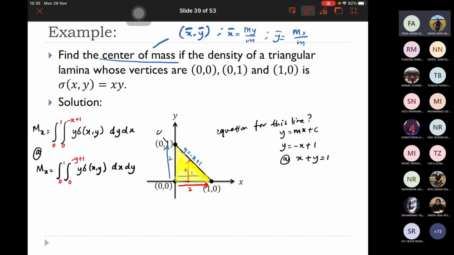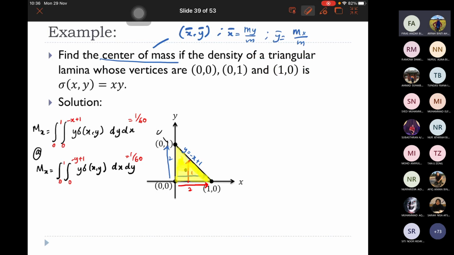Sebab kita akan gerakkan daripada kiri ke kanan, dia jumpa garisan x sama dengan 0 sampai garisan x sama dengan negatif y tambah 1. So kalau awak kira dua ni, dapat jawapan dia sama. 1/60. Yang ini pun dapat 1/60. So cuba buat dia punya integration.